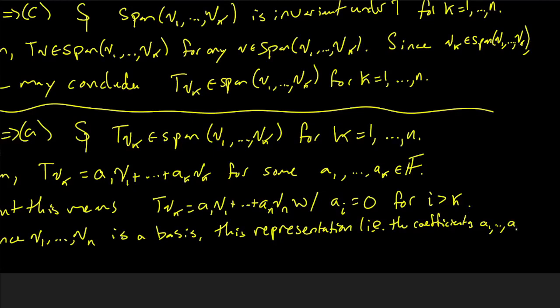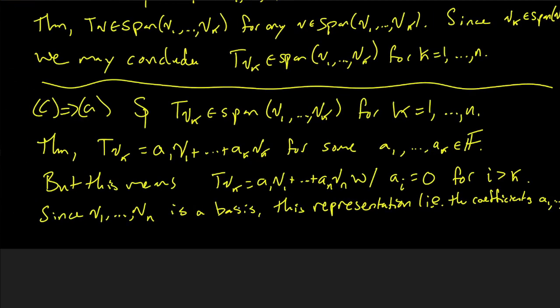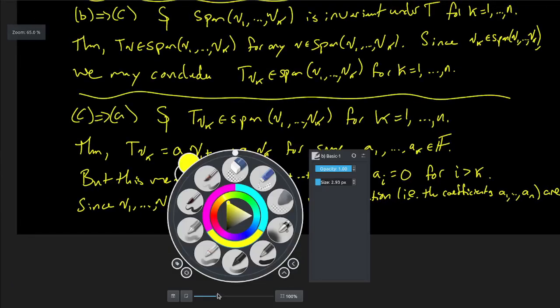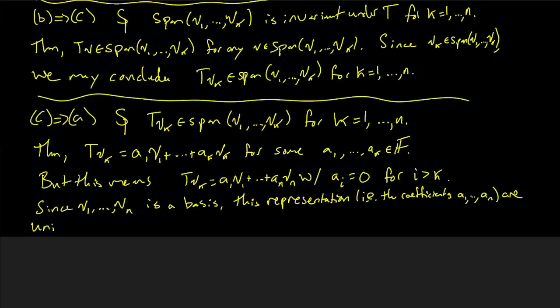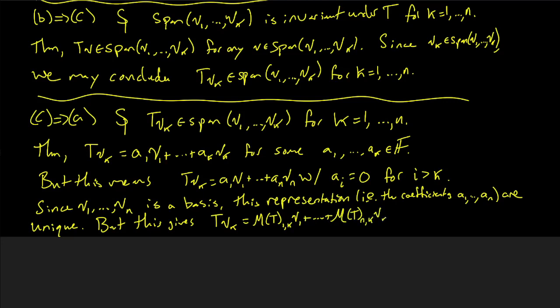The coefficients A1 through AN are unique. I'll zoom out a tiny bit. But this gives T V_k, by definition from the matrix, is M(T)_1k V1 plus dot dot dot plus M(T)_nk Vn.